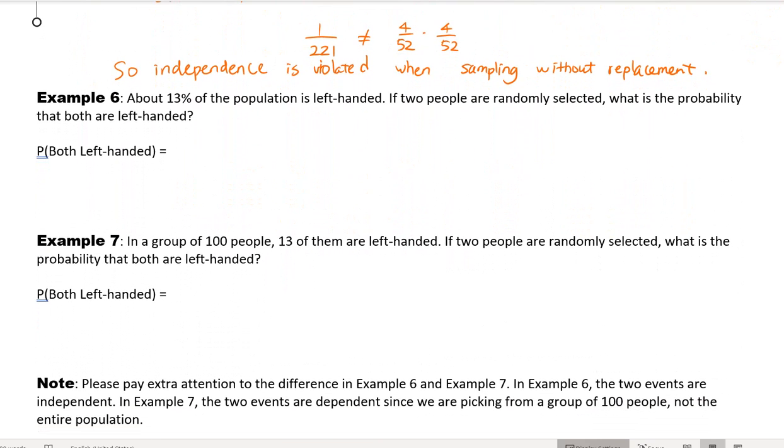Okay, let's continue. Example 6. About 13% of the population is left-handed. If 2 people are randomly selected, what is the probability that both are left-handed?